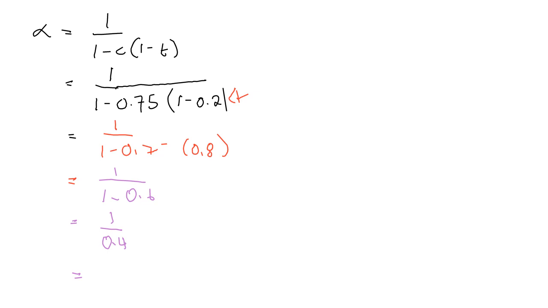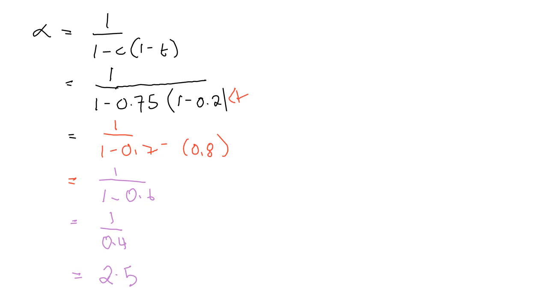And if we do 0.1 divided by 0.4, what do we get? Perfect. In this case, we get 0.25.